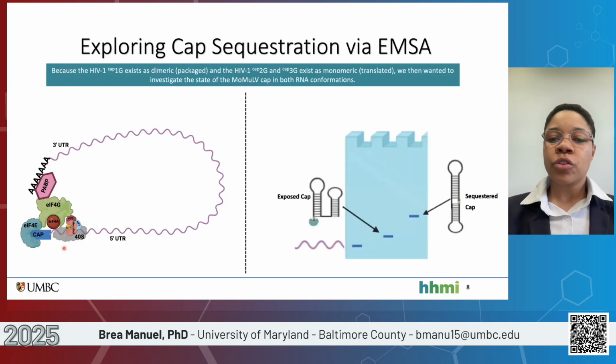Using this system, we can then introduce our RNA that is not capped as a control, or just RNA that is capped with no protein. With the introduction of the eIF4E protein, if the cap is exposed, we would expect a shift upward, or a slower migration on the gel. And in the case of a sequestered cap, dimer, or just a sequestered cap in general, we would expect to not see a super shift, indicating that we have binding to two species.